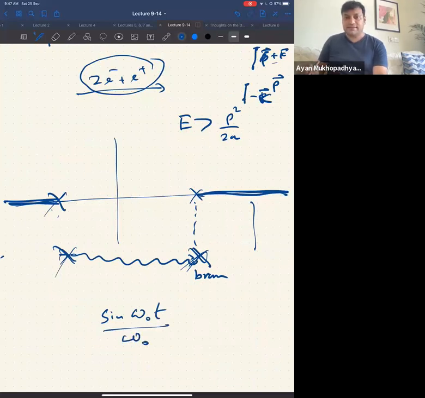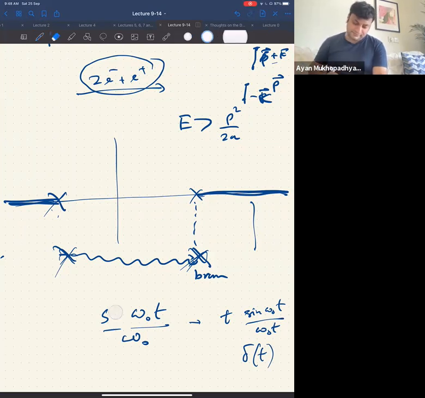If you go to very long times, you can write this as t times sine omega naught t by omega naught t. And because this is large, it becomes a delta function roughly. So basically, the response becomes proportional to time, and this becomes a delta function in omega minus omega naught. So this is how it goes.